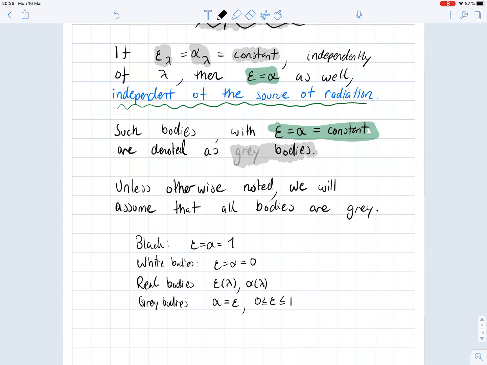But they are the same and they are constants. And this will be our go-to assumption for the rest of the course.